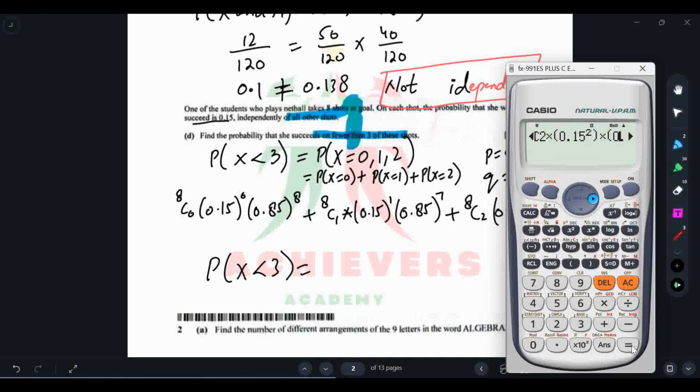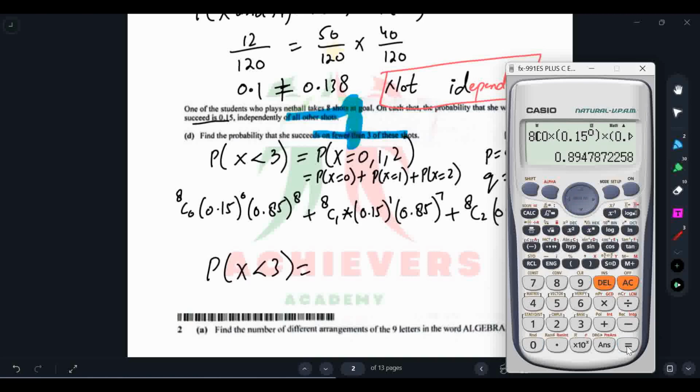8C0 multiplied by 0.15 whole power 0. So from here we have to write that this will be whole power 0.